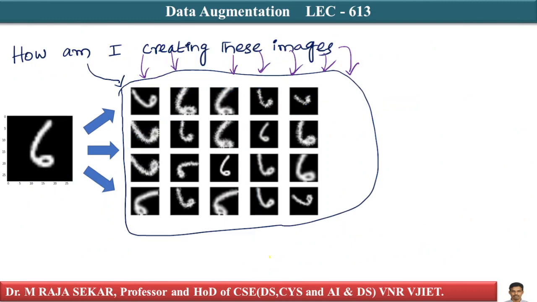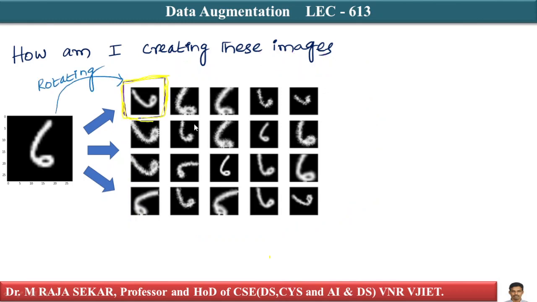How can I create these images? I am doing simple transformations. Here this 6 is my input, and on that 6 I am applying simple transformations. I am rotating this 6 a little bit.